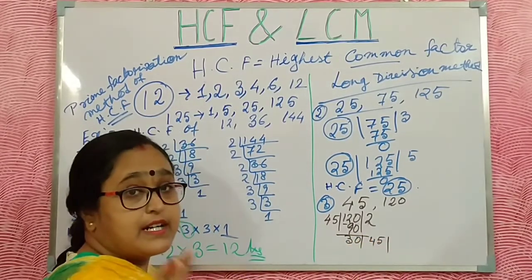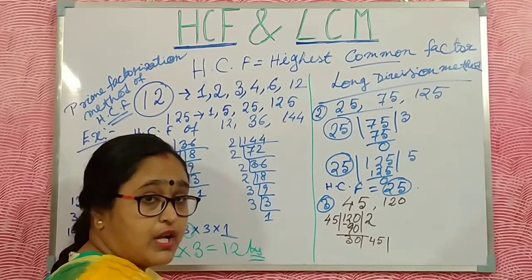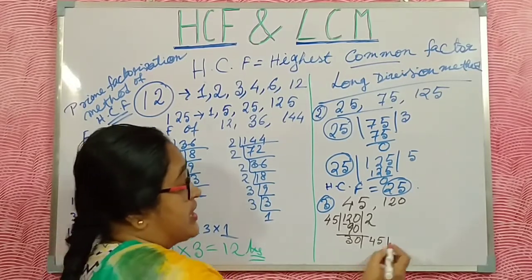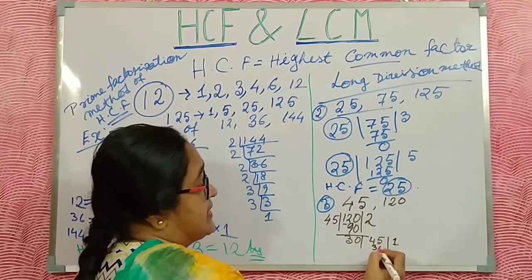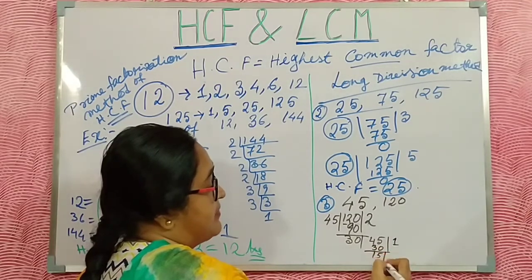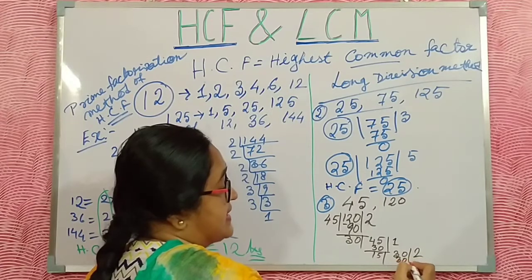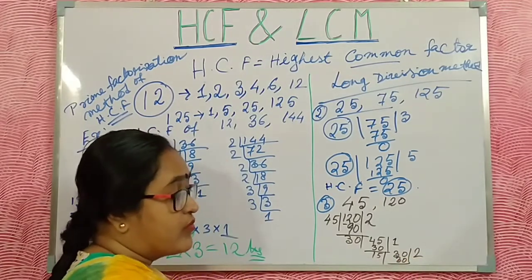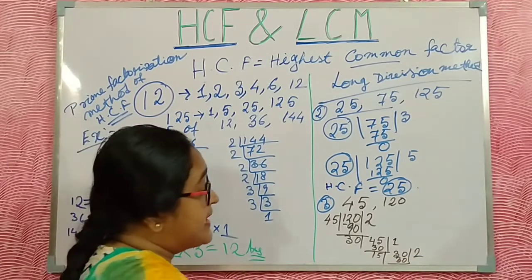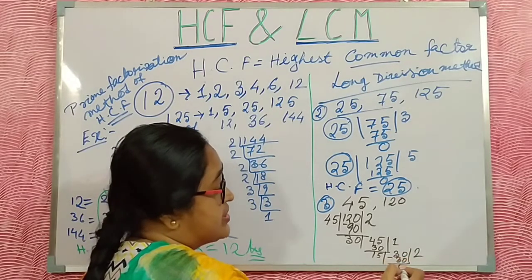When the remainder is 0, up to this you have to do the division. 30 ones are 30, then 15 comes, then 15 twos are 30, and the remainder becomes 0.